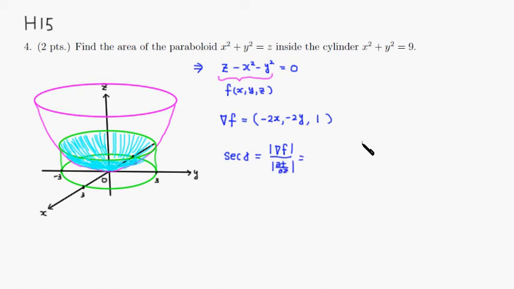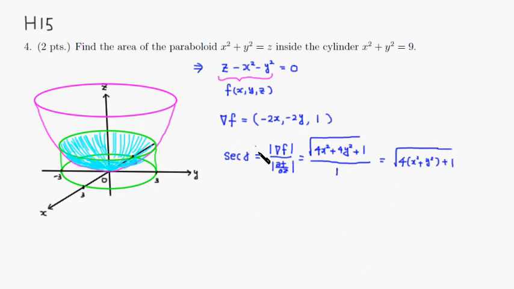So we have the square root of 4x squared plus 4y squared plus 1 squared, over the partial of f with respect to z, which is 1. So we just get the square root of 4 times (x squared plus y squared) plus 1.